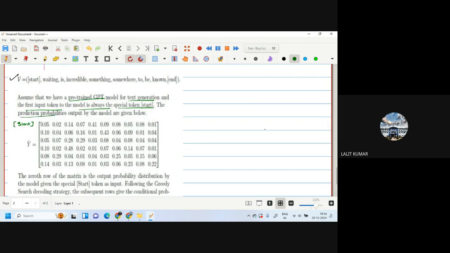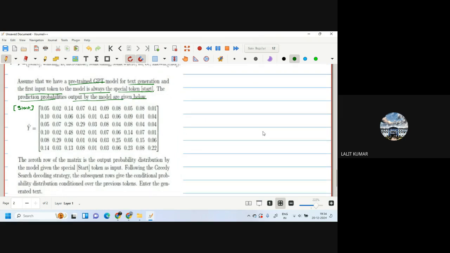The prediction probabilities output by the model are given below. Now we want to know which kind of algorithm it is using. The zeroth row of the matrix is the output probability distribution by the model given the special start token as input. Following greedy search decoding, it will always select the maximum, which in this case is 0.41.